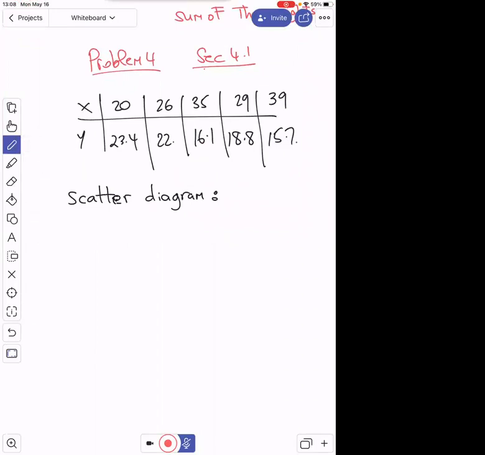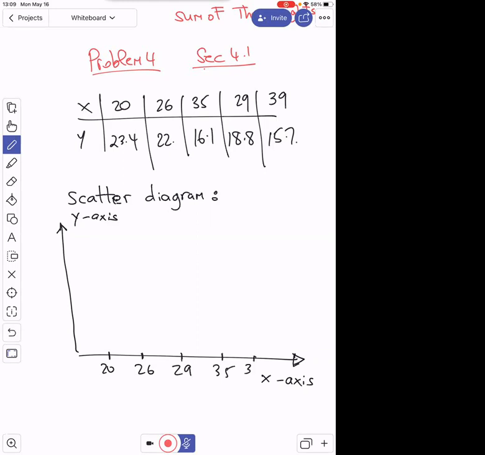So first, to plot the scatter diagram, you're going to need 2 axes. There is this horizontal axis, which is the x-axis, and there is a vertical axis, and that will be your y-axis, right? And so you plot the values of x on the x-axis. The smallest x is 20. Next value of x is probably 26, then 29, then 35, and then 39.